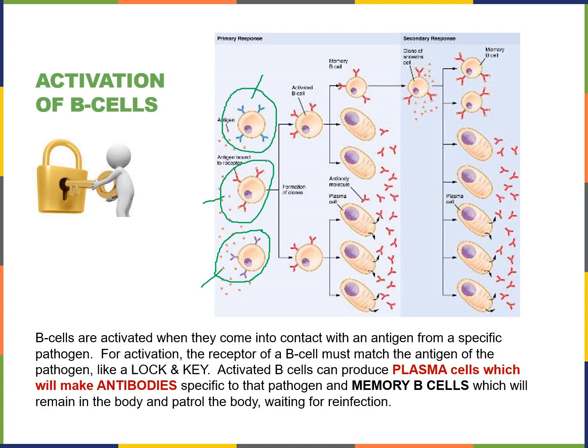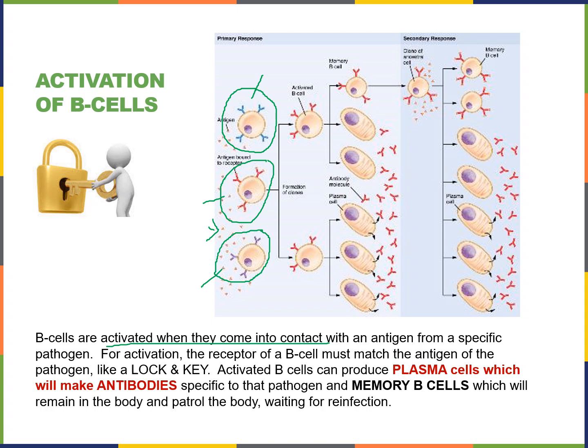So B cells, like T cells, are activated when they come in contact with antigens. So in this diagram, we're seeing that the antigens are these little red dots that are shown here. And remember that B cells do not need help seeing antigen. They don't need an antigen presenting cell. They can see free floating antigen.